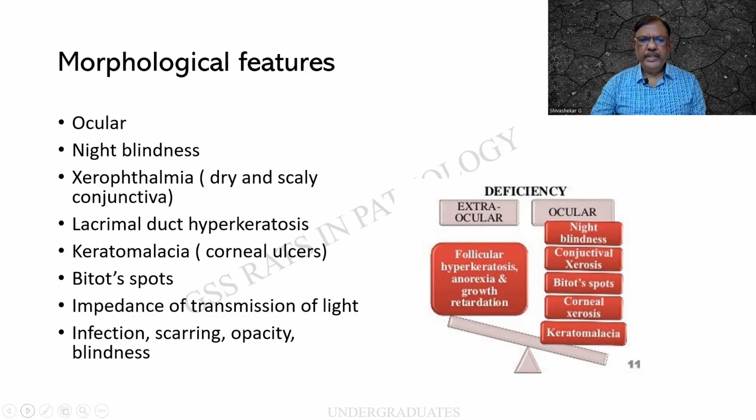Finally, infection, scarring, and opacity can all lead to blindness. So these are the ocular manifestations which you people should definitely have in mind. Third year you have got ophthalmology.